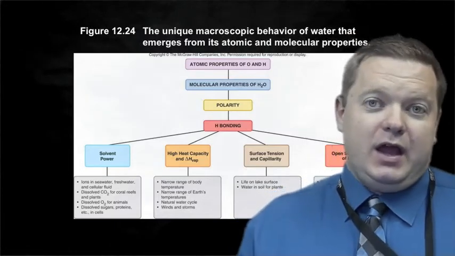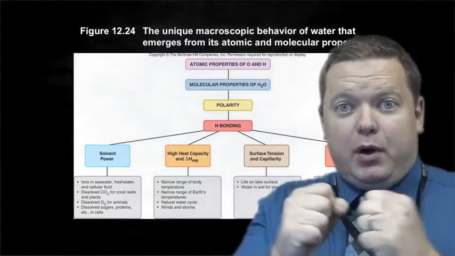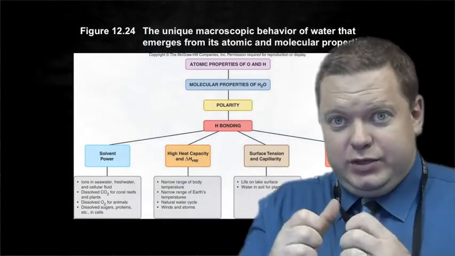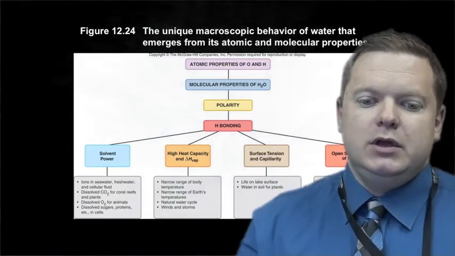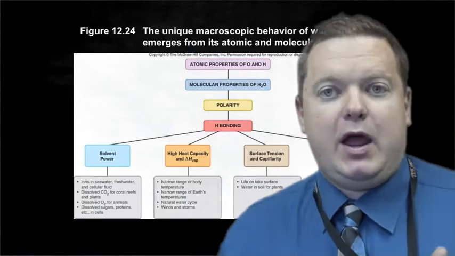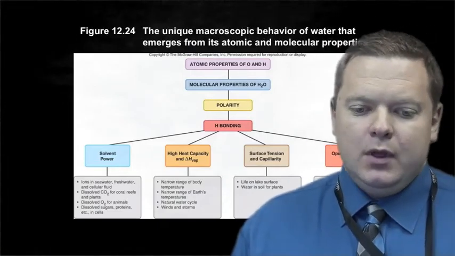It also has a fairly high heat capacity because it takes a lot to actually break apart those intermolecular interactions. So it requires a large amount of additional heat to break those molecules apart, giving a higher heat capacity as well as a fairly high boiling point.